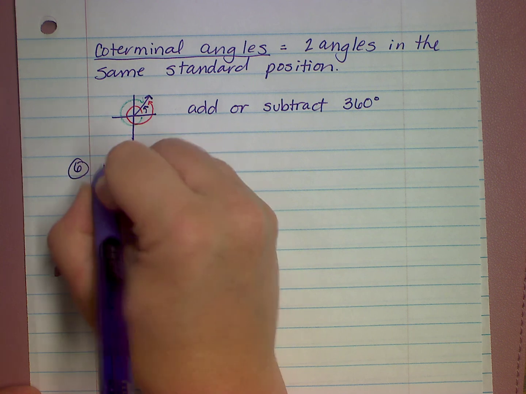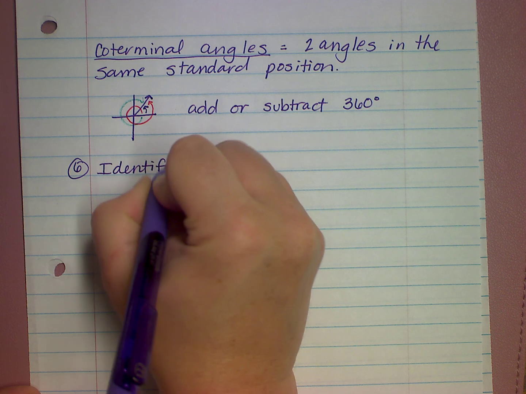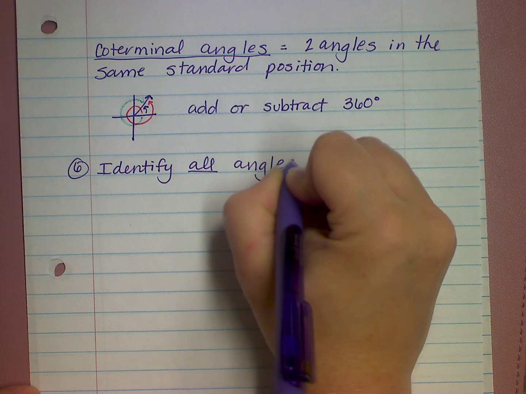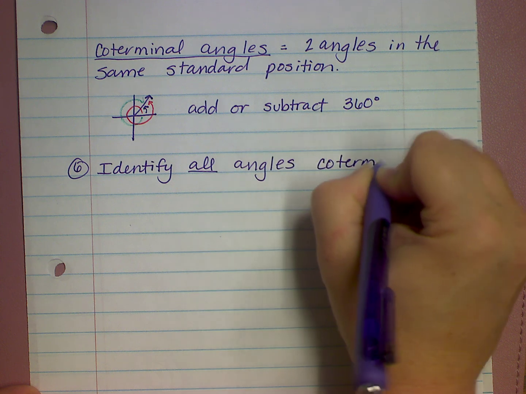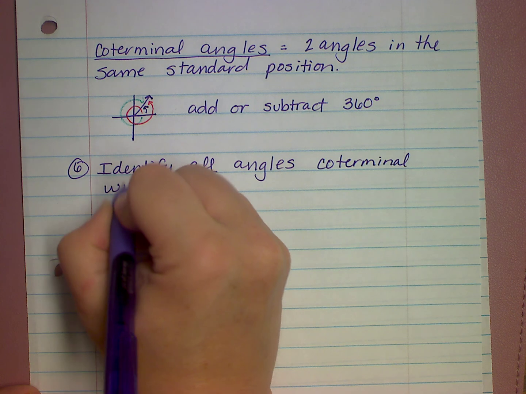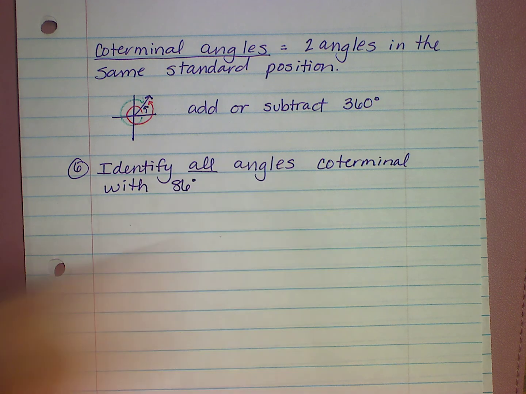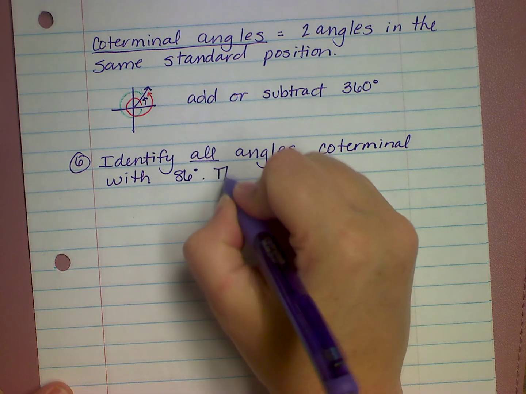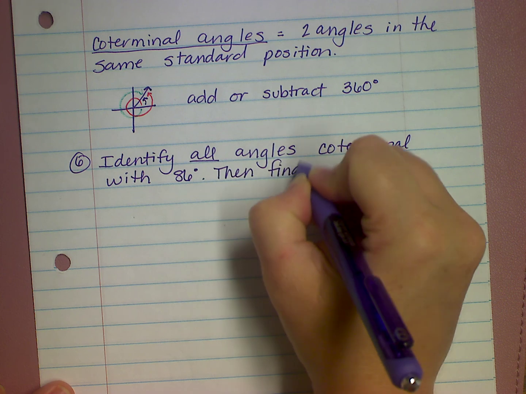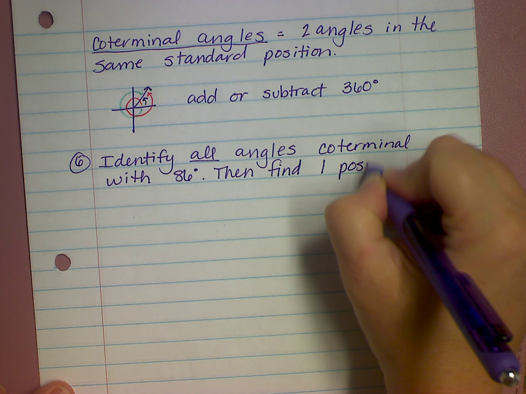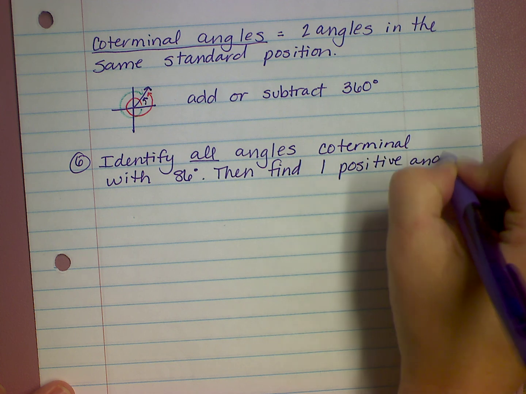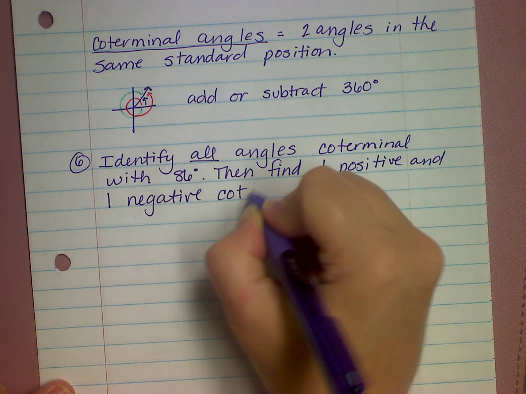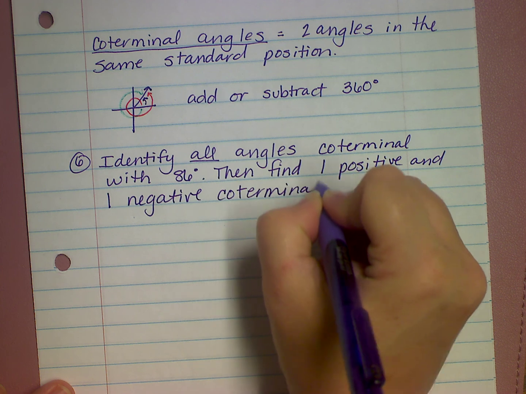Okay, so identify all angles coterminal with 86 degrees. Then find one positive and one negative coterminal angle.